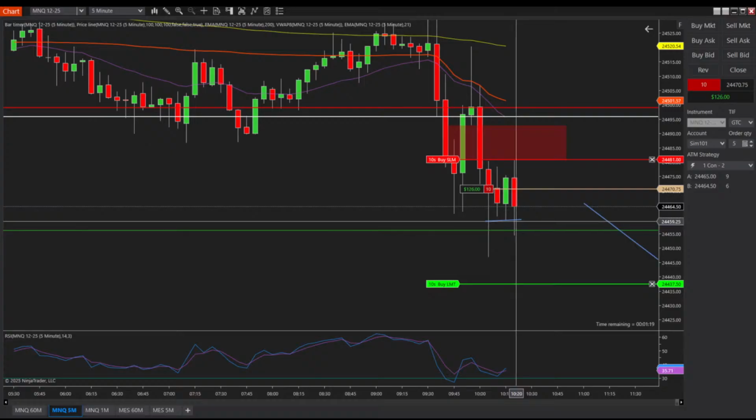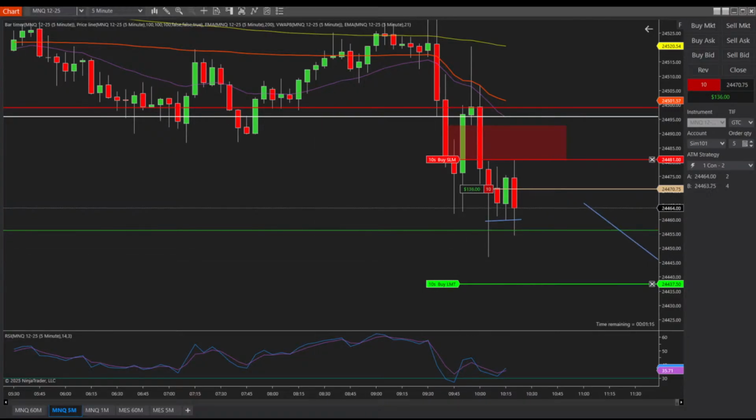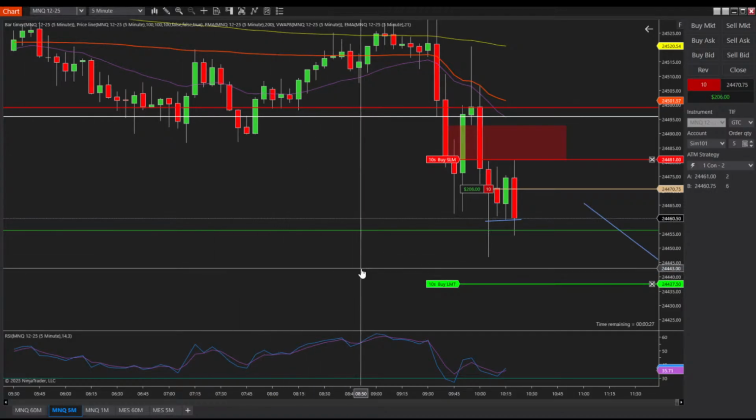We don't want to see a long wick below. Just waiting for this thing to go now.